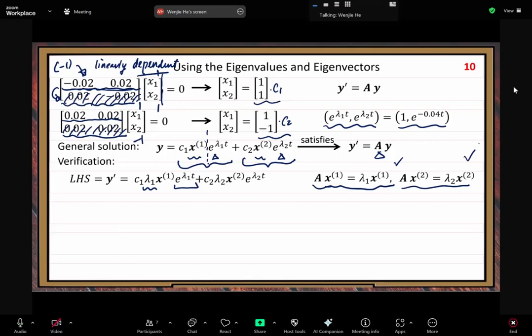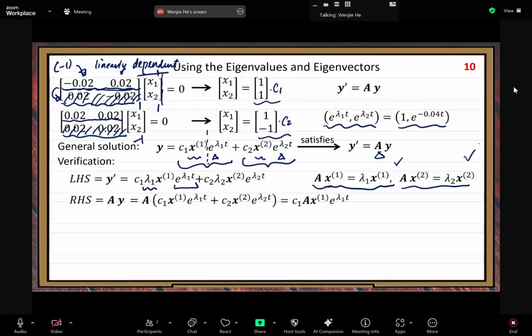So right-hand side, A times the y vector. We plug in the specific form of the y vector, then multiply through.